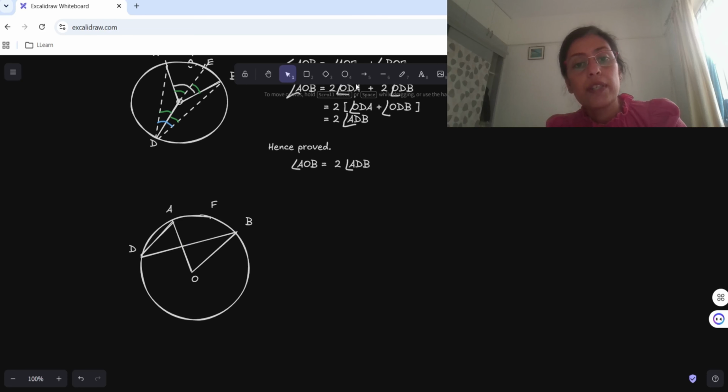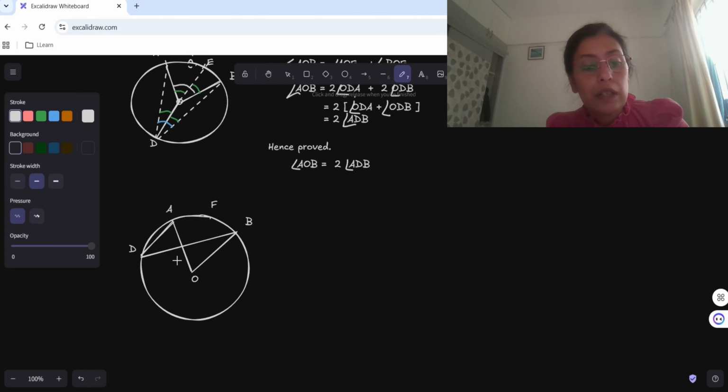So what is happening here? This AOB is the angle subtended by this arc AFB. D is a point on the circle outside of the arc AFB. The angle subtended by this point is ADB.